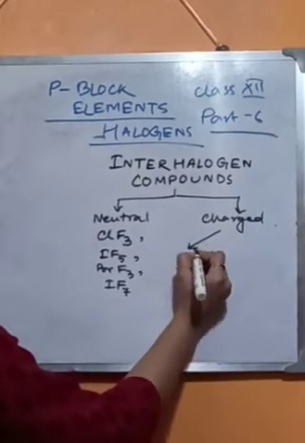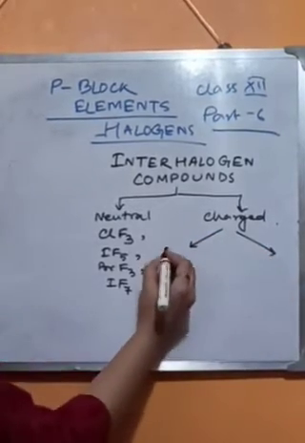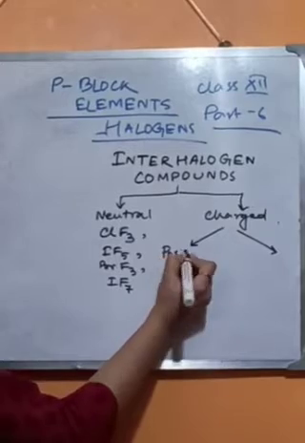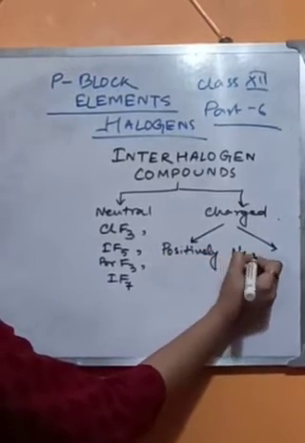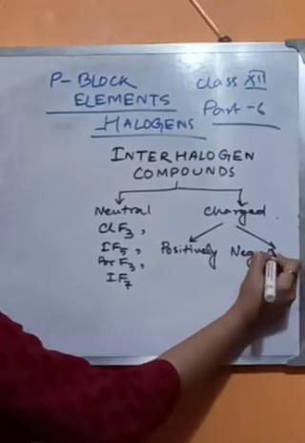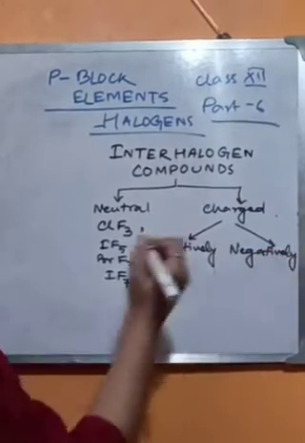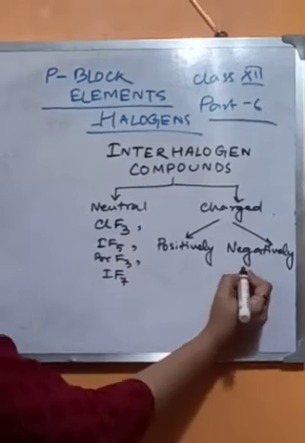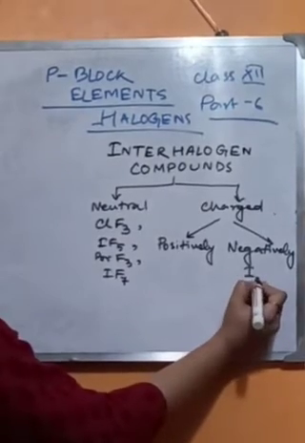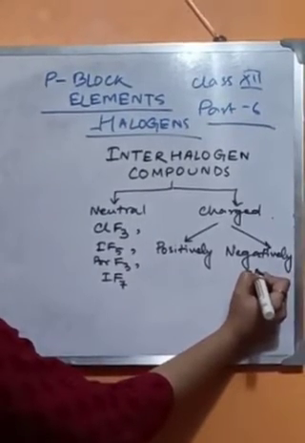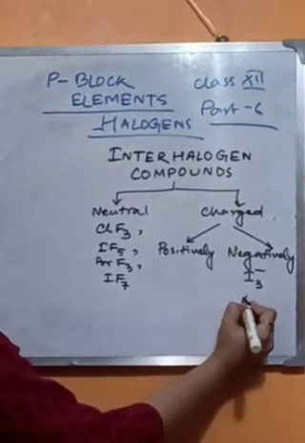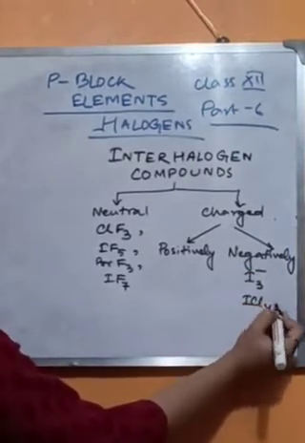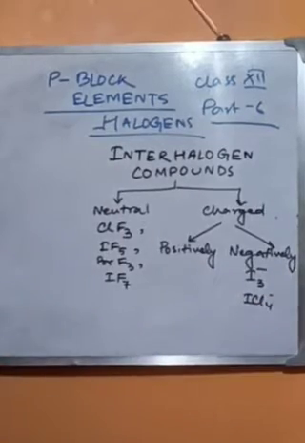Among charged, they are of two types, positively charged and negatively charged. Among negatively charged, the examples can be I3 minus, ICl4 minus.